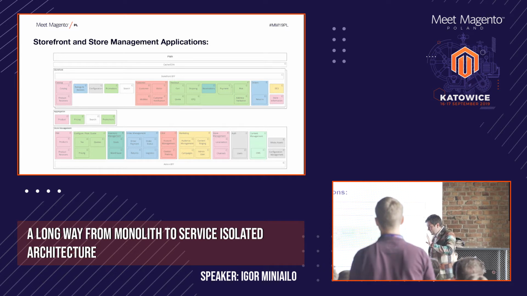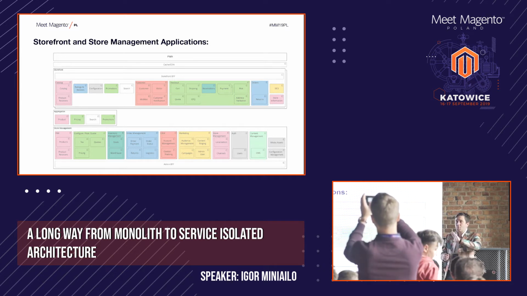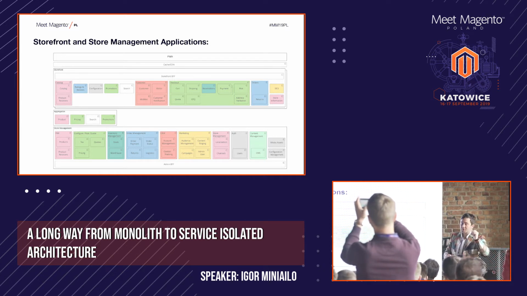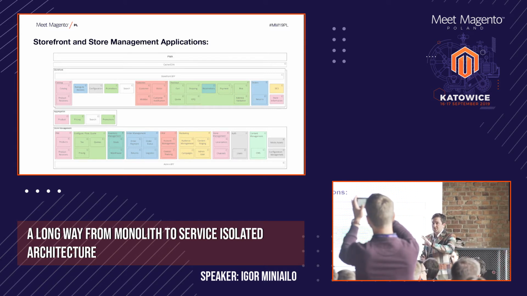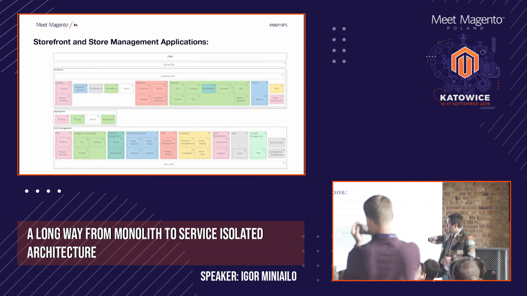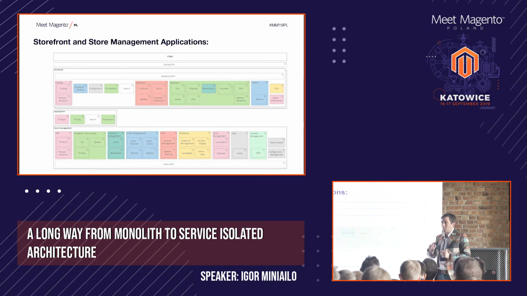You may consider that everything a shopper or customer interacts with on Magento is the storefront application. While the set of functionality which you probably used to call the admin panel or backend, the part of the functionality which the admin or merchant interacts with, could be considered the store management part.